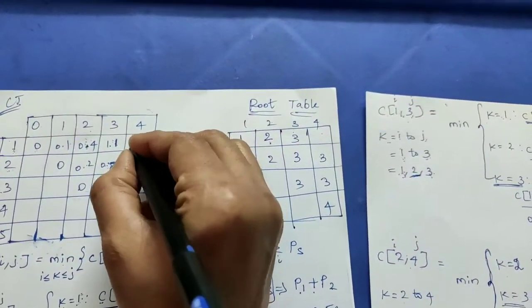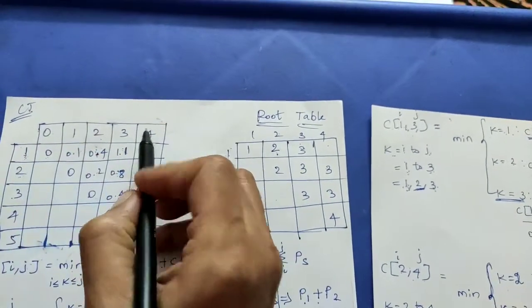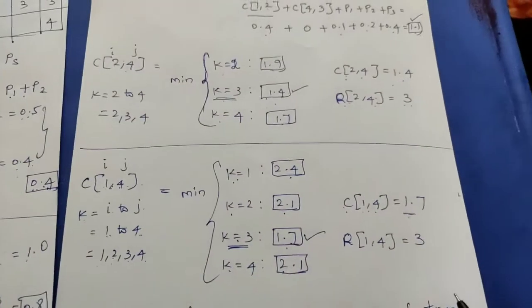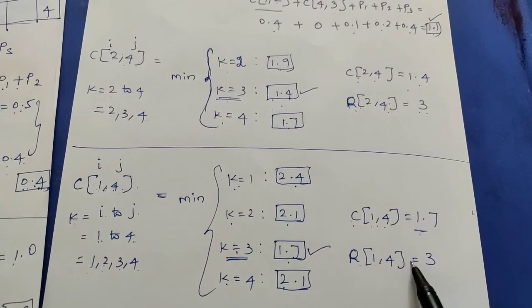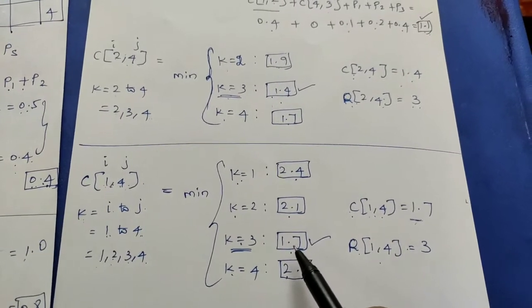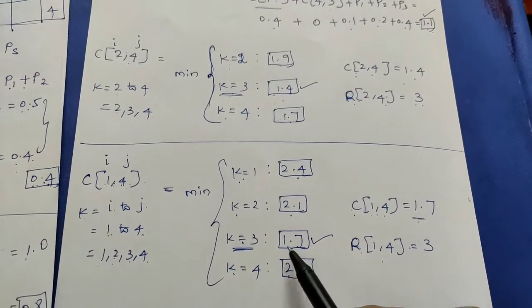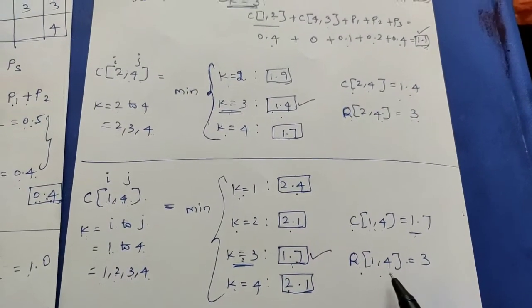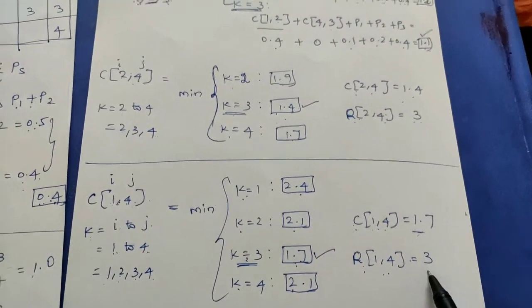So go to your cost table. In the location 1 comma 4, fill the value as 1.7, and simultaneously go to your root table. In the same location, which k value has given you the minimum value of 1.7? This is the k value. So go to the root table. In this location, fill that k value as 3.